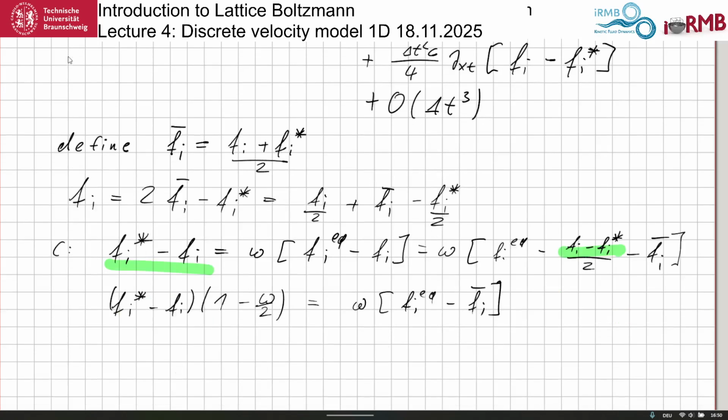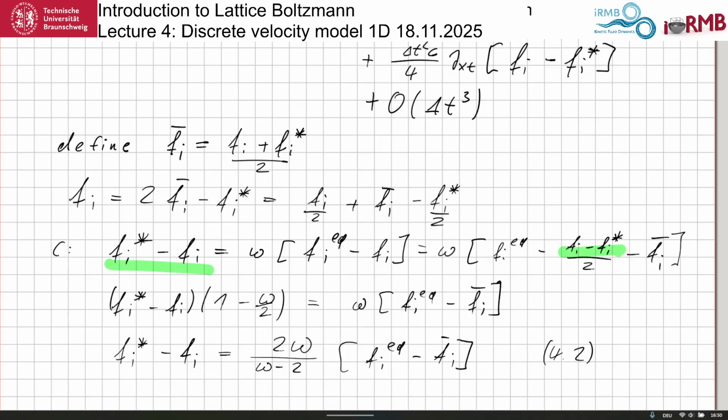And this we want to get rid of, so we put it on the other side again, and we have 2 omega divided by omega minus 2 times fi equilibrium minus fi over bar. So this, you could say, is our equation 4.2.